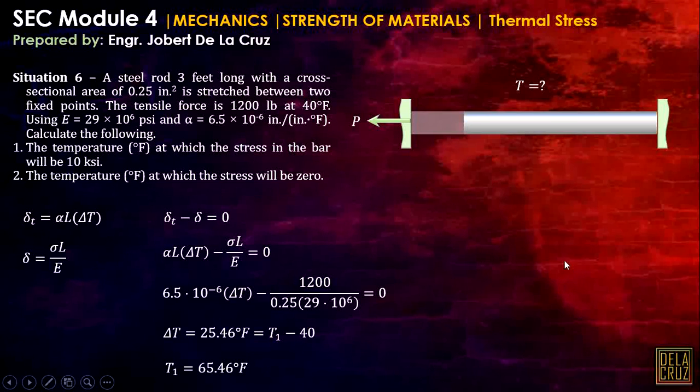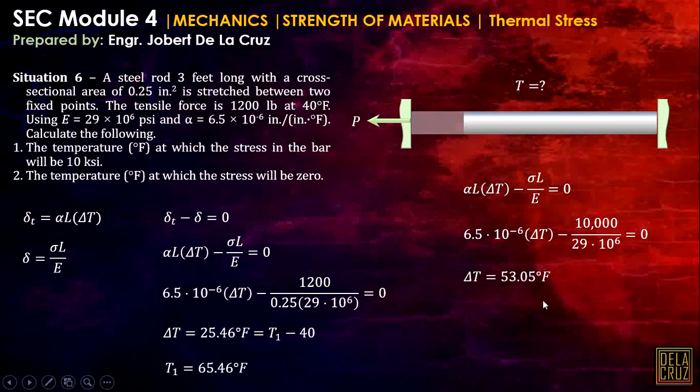Okay? So, how can we do that? The same pa rin. I-equate natin to this one, and maka-cancel yung L dito, no? And again, I will just substitute 6.5 times 10 raised to negative 6 times the change in temperature. Then, stress is 10,000. Again, maka-cancel yung L natin dito, divided by E. And we can calculate the change in temperature.